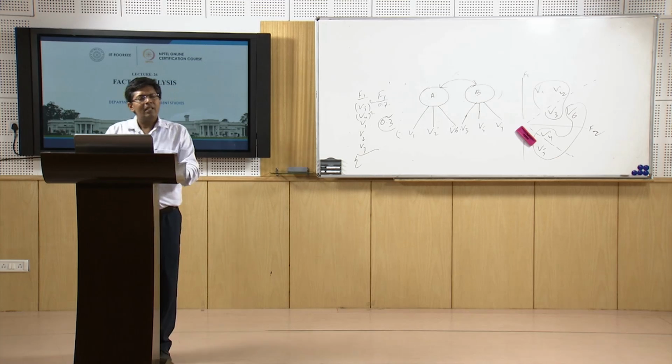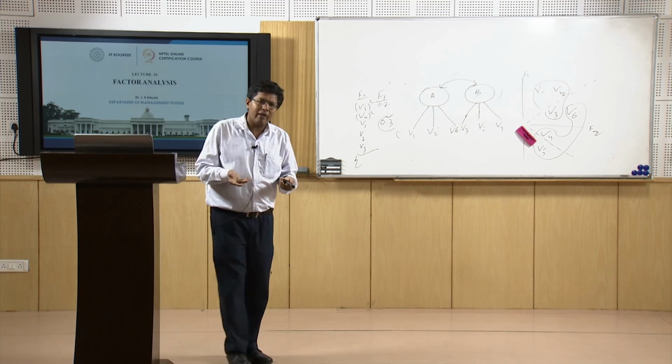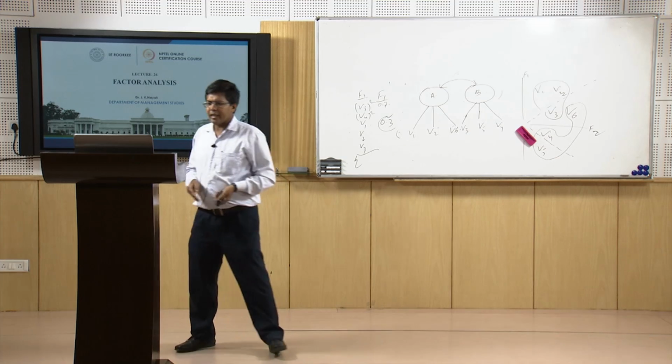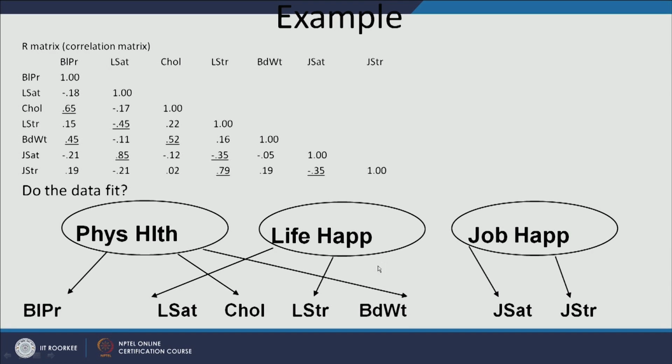Why? Because they are nothing but the unexplained variances, and these unexplained variances could also have a relationship among themselves. This is an example. You can see that these constructs have their own variables, some are shared, but some are unique.